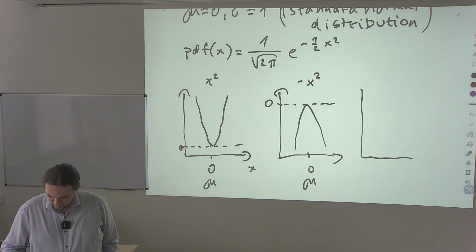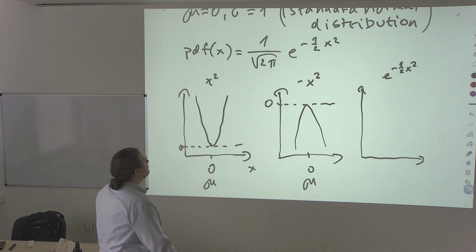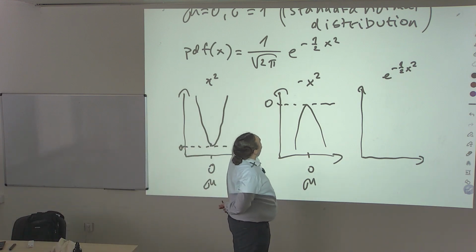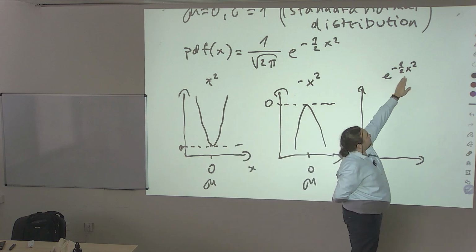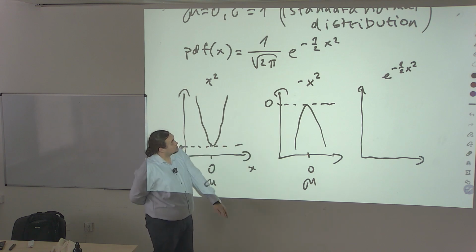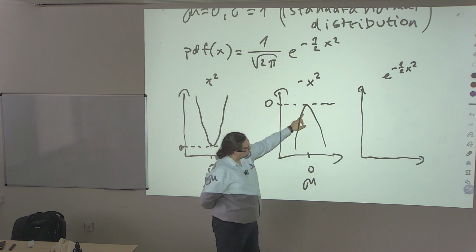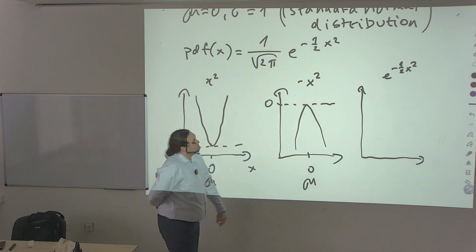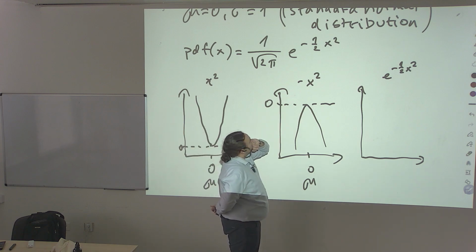Now the last step. How do we apply this exponential transformation? The 1/2 won't be a problem. We are just sketching it. The 1/2 is only telling us how fast this goes to the negative infinity or to the negative values.